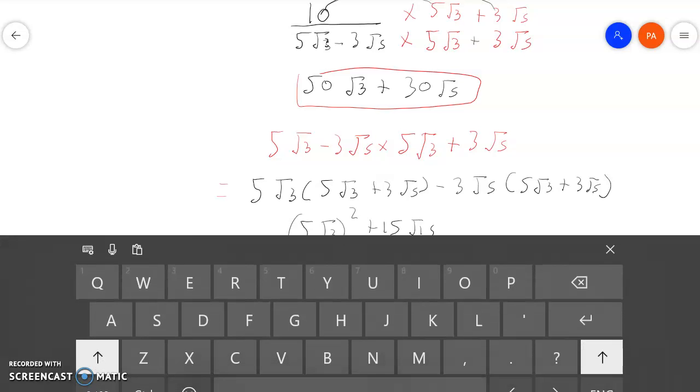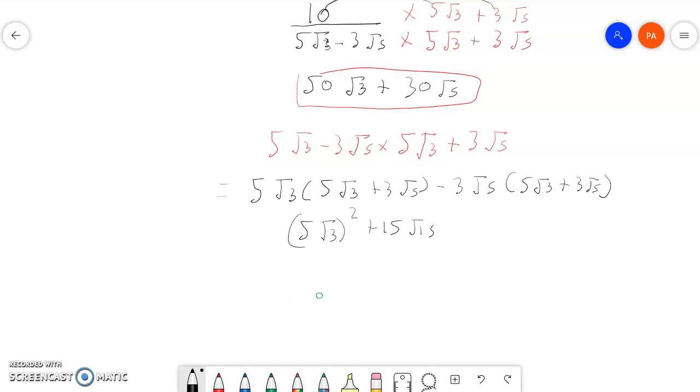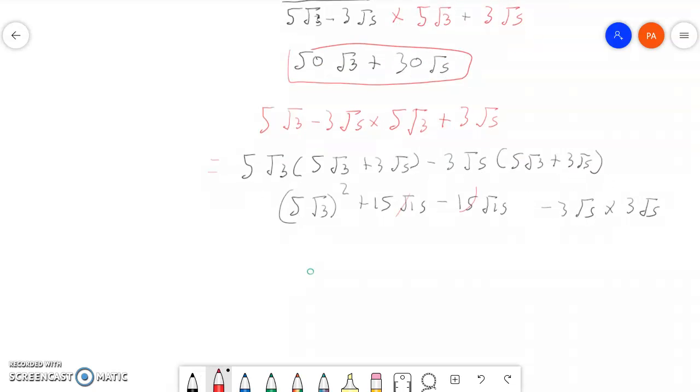And then minus 3 root 5 into 5 root 3 can be written as minus 15 root 15, and minus 3 root 5 into plus 3 root 5 can be written as, we can't write a minus 3 root 5 square, so we'll leave it aside for simplification. Fine. So now to simplify the denominator, these both will be cut off as they have the same values.